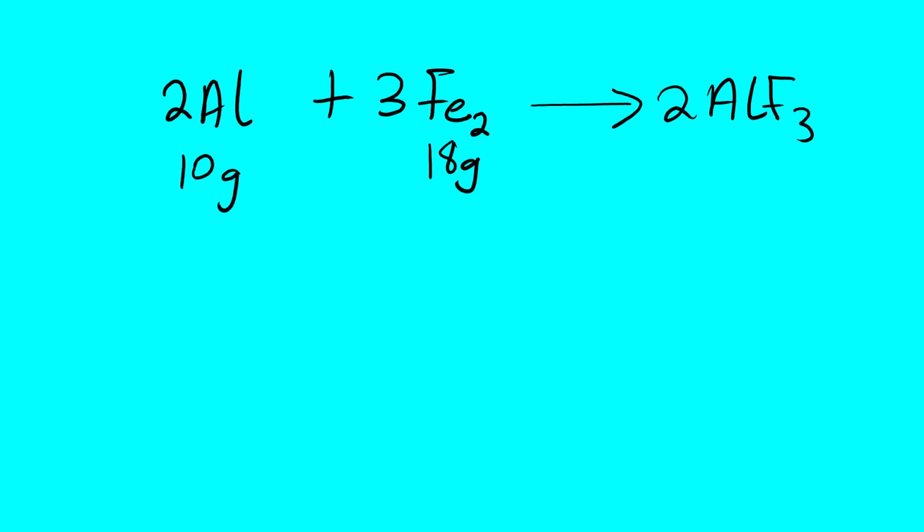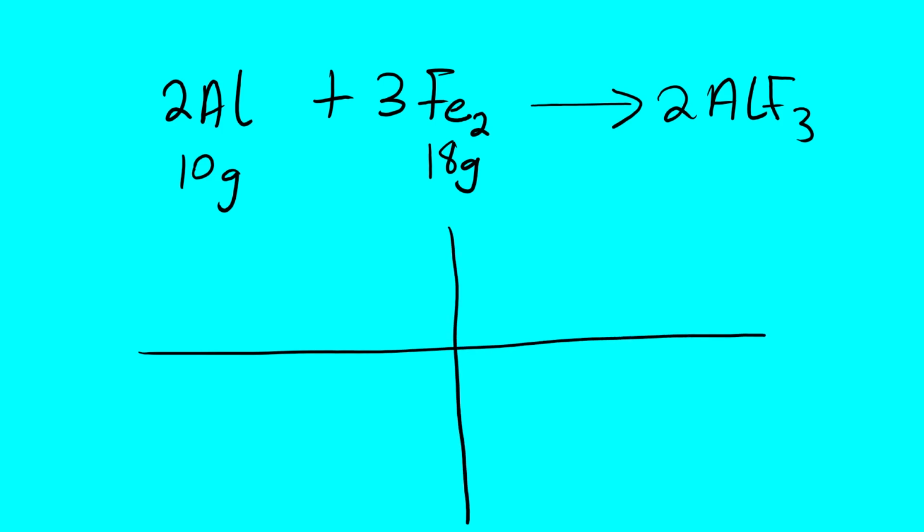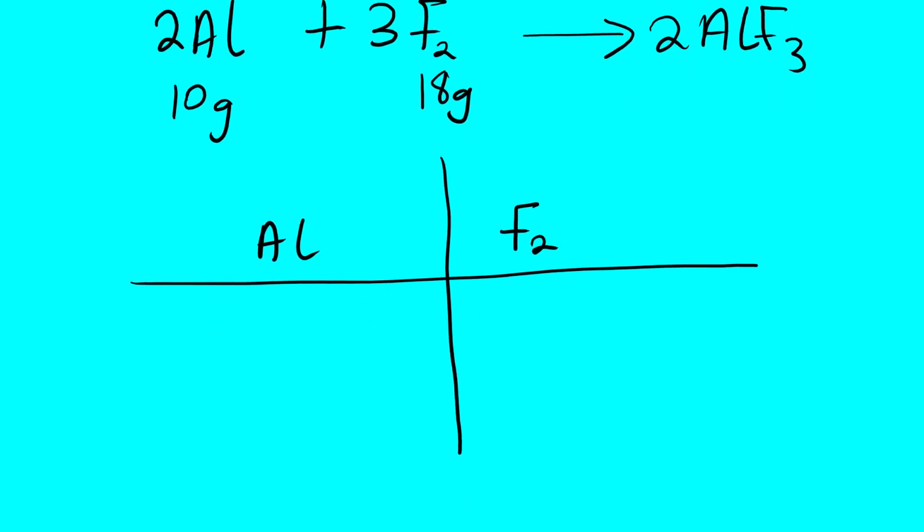So we tabulate. We have aluminium this side, we have fluorine this side. So this 2 must be here. Then from here we have number of moles.